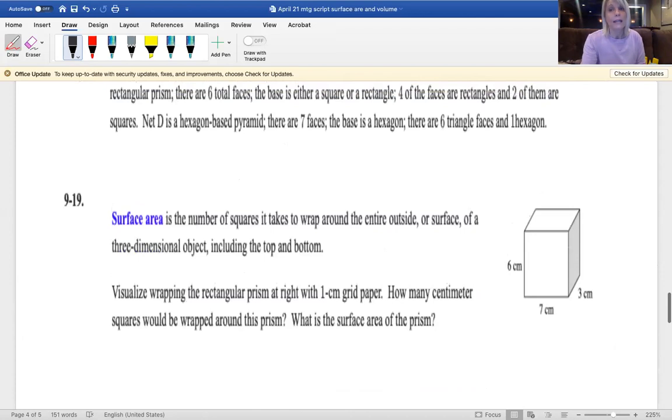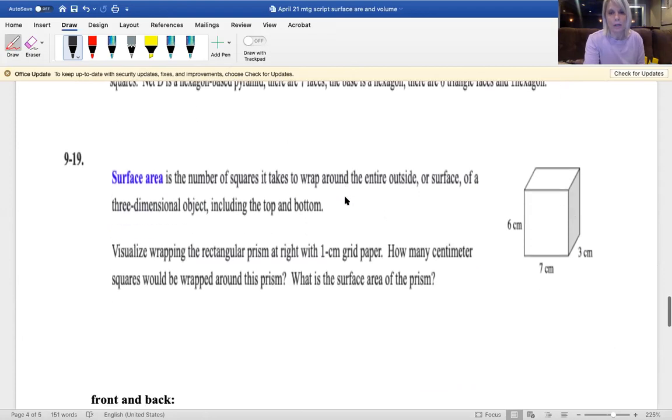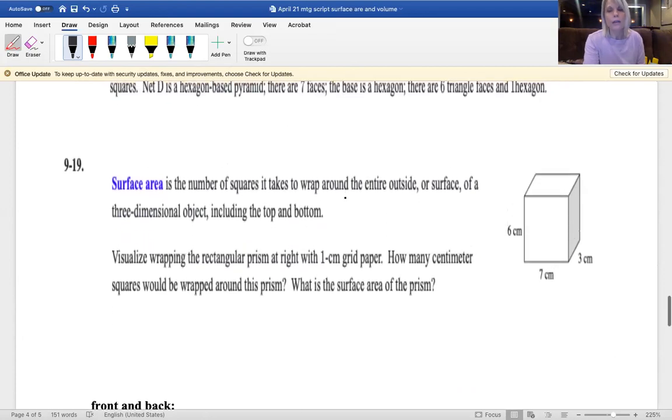Now, finding the surface area, make sure you have paper because surface area isn't difficult as much as it's multi-stepped. So there's a lot of steps to finding surface area. When you find the surface area, you have to find the area of every side.